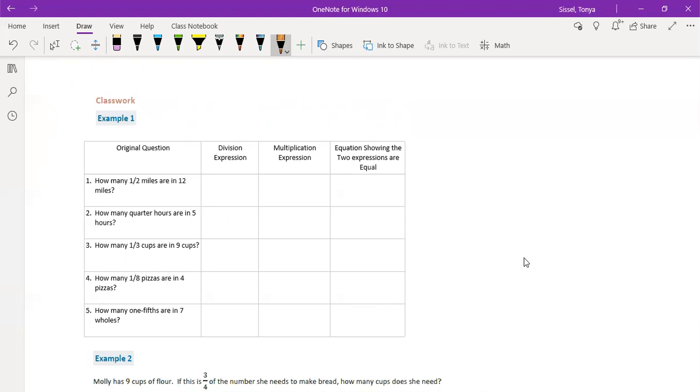Now, I'm not asking you to solve any of these problems, okay? What I'm asking you to do is just to give me the problems as it's asked for in each of the columns. So this says, how many half miles are in 12 miles? Here's where you need to be careful.